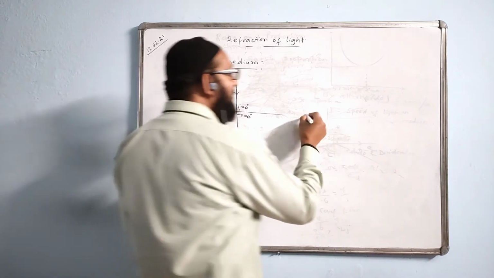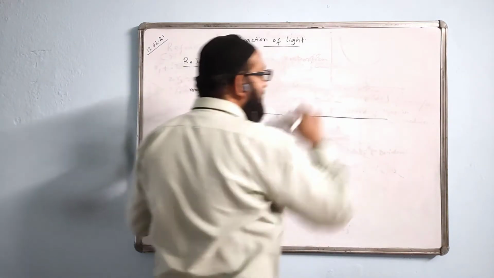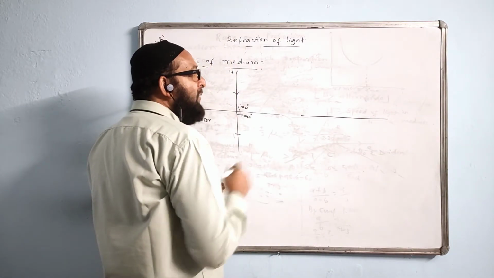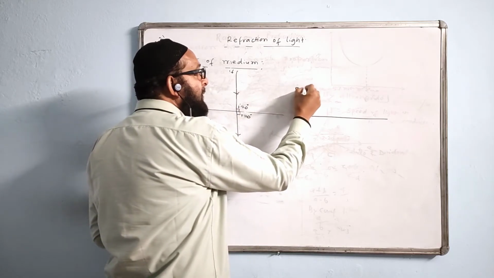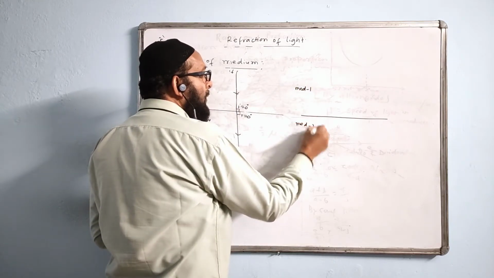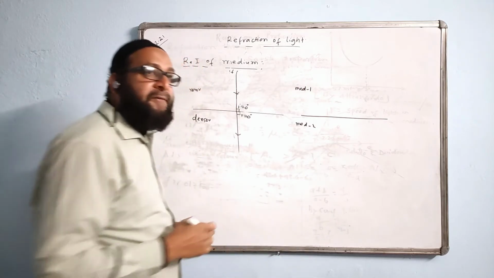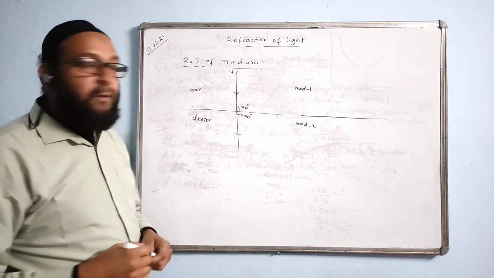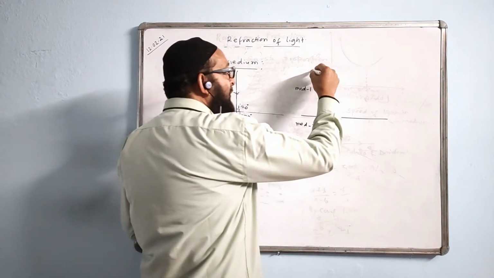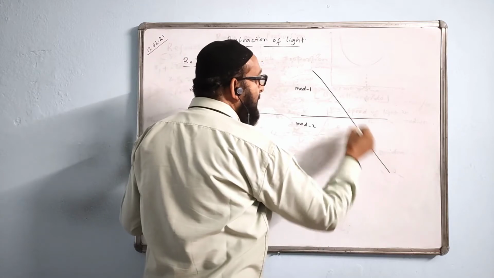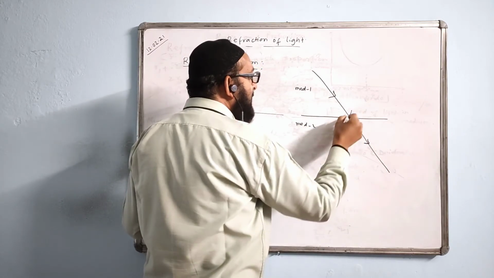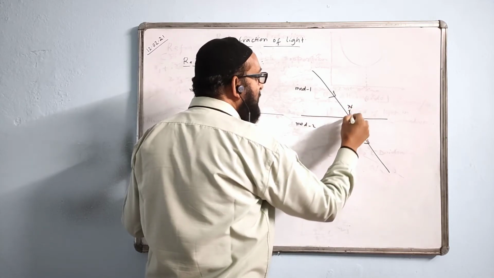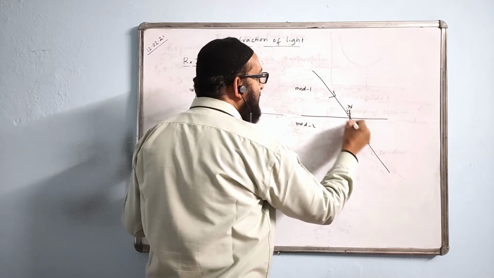What is the other condition for no refraction to take place? Do you know? Ray of light is going from medium 1, this is medium 1, this is medium 2, and yet not refracting. Is it possible? Yes. When will that be possible? Ray of light is going like this straight without bending. That means this time the angle I, this is normal here, this is I, this angle R will be equal.